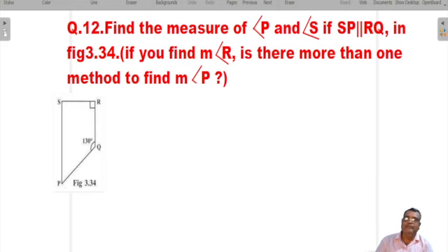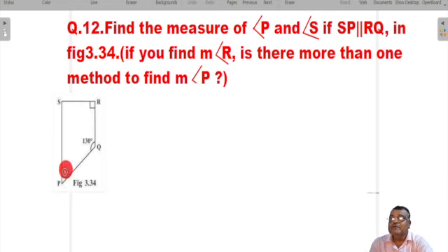Find the measure of angle P and measure of angle S, if SP is parallel to RQ. You see SP is here, this SP parallel to RQ. Then obviously, we have to find measure of angle P. This is parallel to this and this is the transversal.